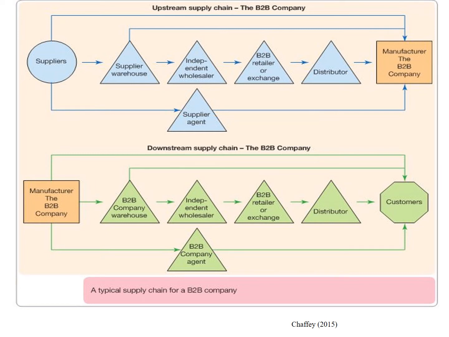So we can see here, if we think about the blue, we are reviewing upstream supply chain management, and if you remember, we said that upstream was going from the supplier to the organization.